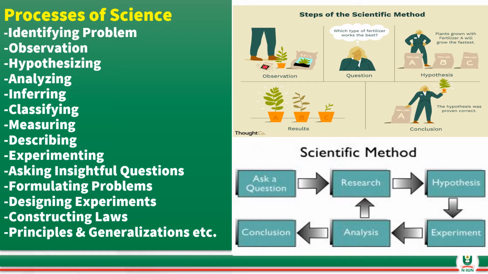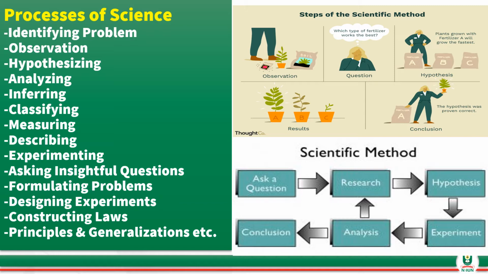And you can see the long list: identifying problems, they engage in observation, they hypothesize, the formulation of hypothesis. That one is very key. They analyze. Scientists infer, classify. After inferring, they make sure things are grouped. So that's what is referred to as classifying.